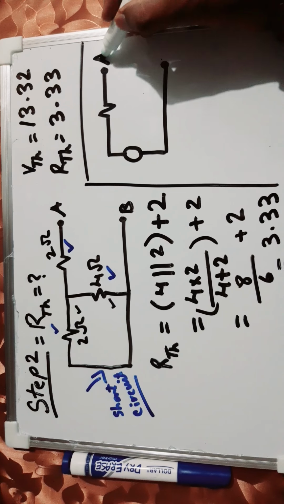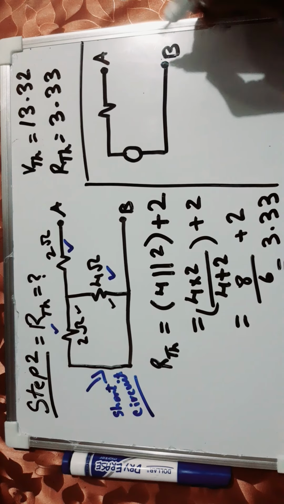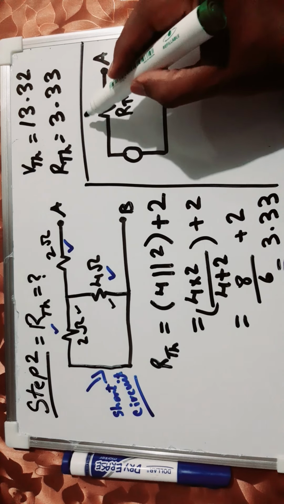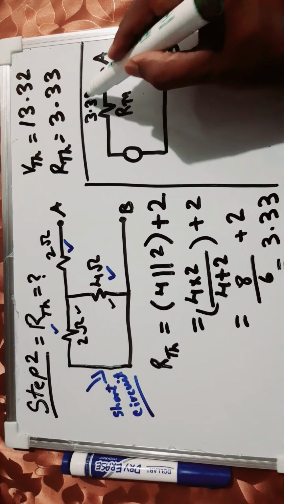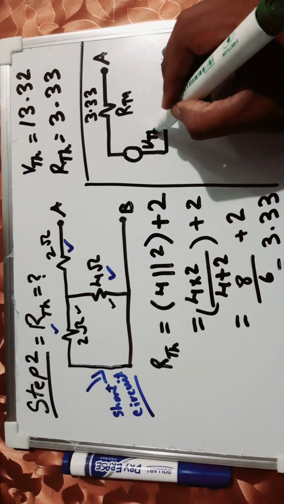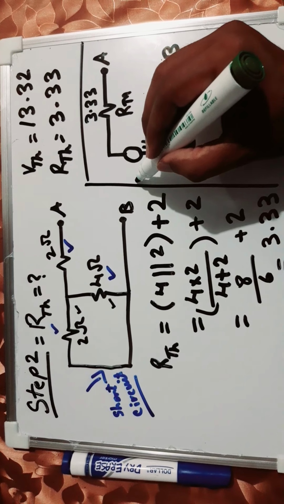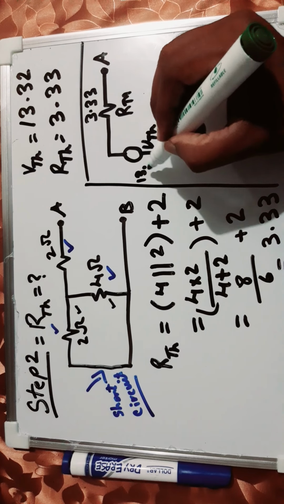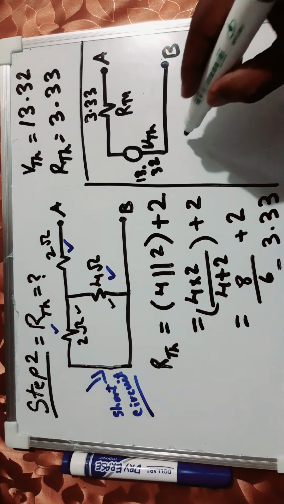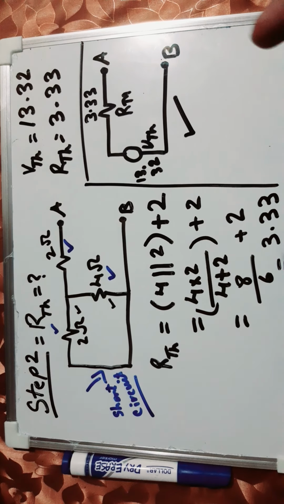So now they both are in series, and R Thevenin value is 3.33 and V Thevenin value is 13.32. So this is the final circuit for Thevenin.